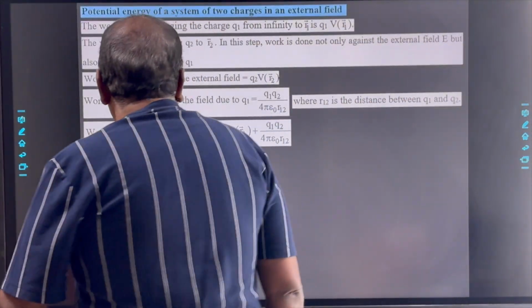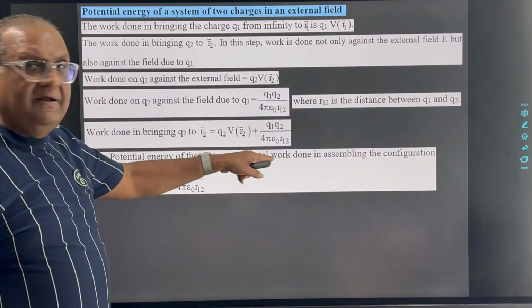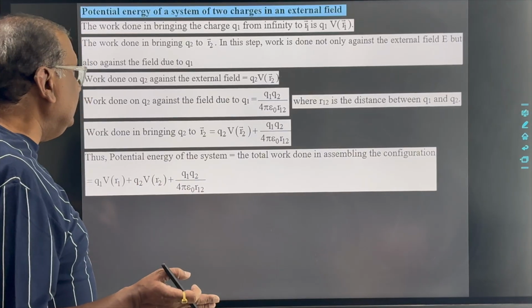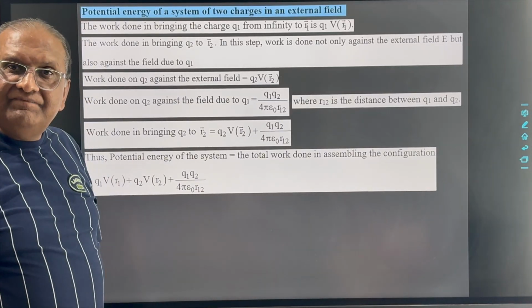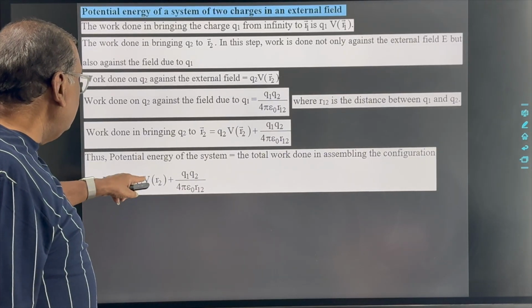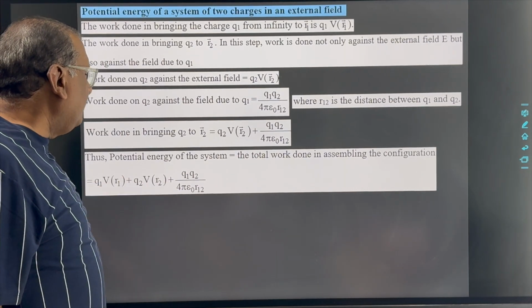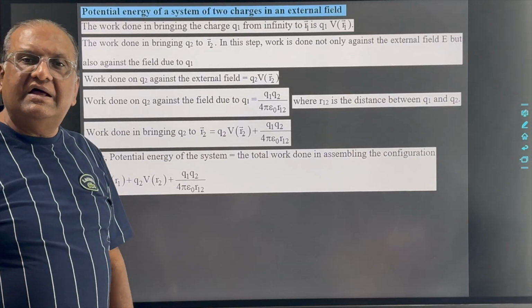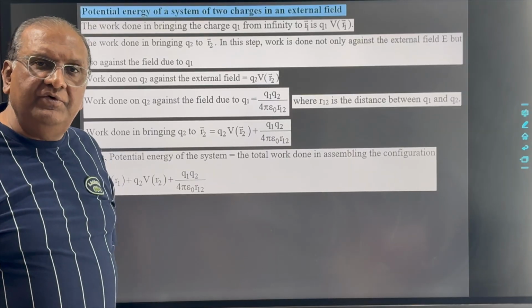So we can say here the total work done, that is the total potential energy stored in that particular assembly, right? So Q1 V at R1 plus Q2 V at R2 plus Q1 Q2 upon 4 pi epsilon 0 R12, where R12 is the distance between 1 and 2. Clear to all of you?